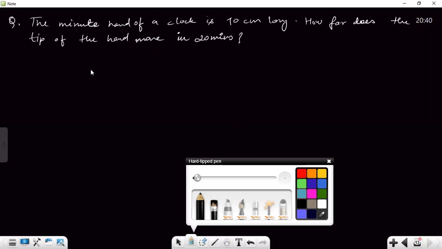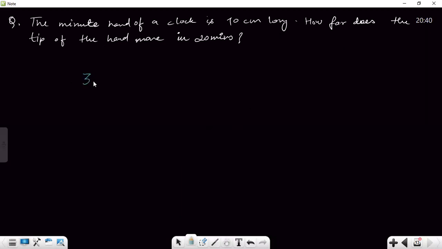If you are talking about the minute hand, 360 degrees is equivalent to the minute hand completing a round in 60 minutes. We have to calculate how far it moves in 20 minutes. So let's divide: 360 degrees by 60 is equal to 1 minute movement.